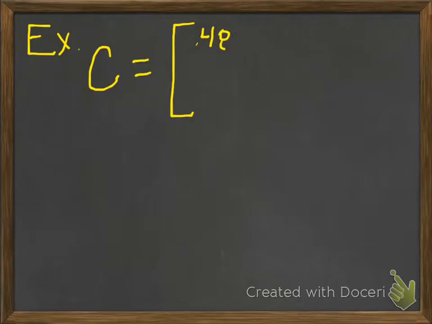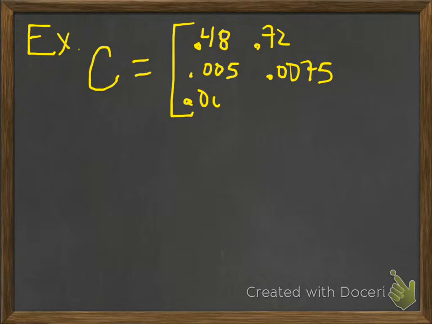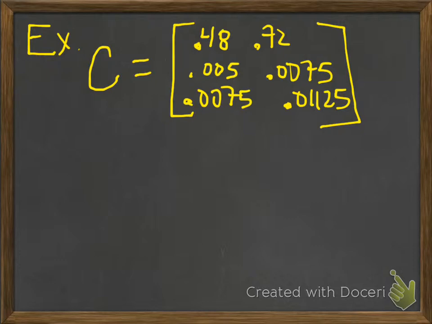This example right here, C is equal to 4,800, 7,200, 5,000, 7,510,000, and then 1,125 hundred thousands.